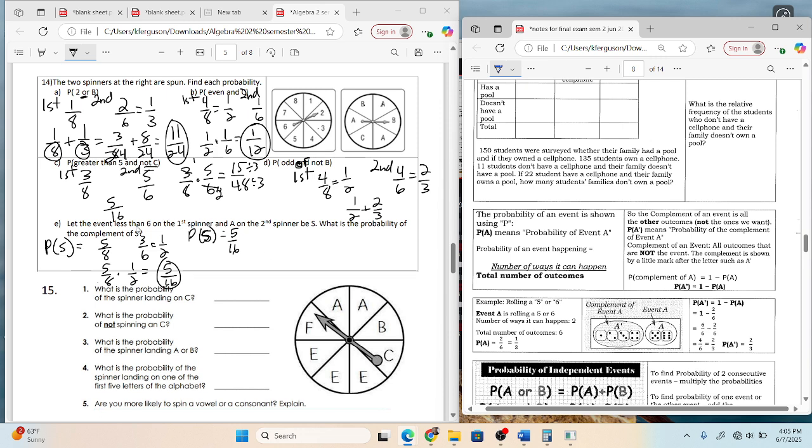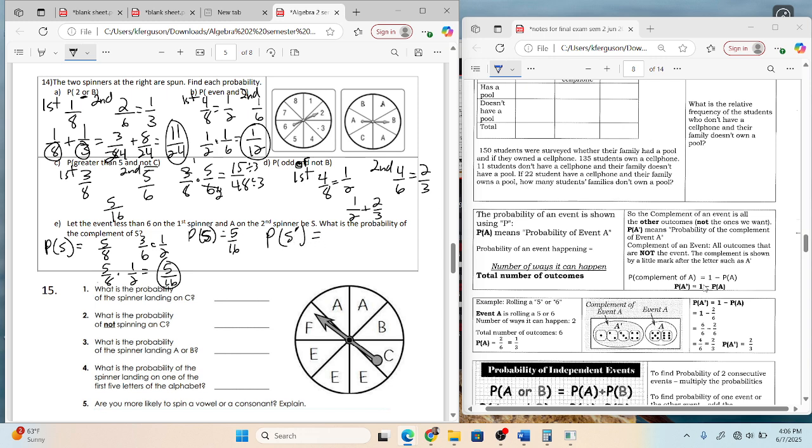So I want the numbers that are not less than 6. So I'd want all the numbers that are more, right? And then I'd also want not A, I'd want B and C. So in all honesty, you don't have to get too technical with that. I want to know what the complement of S is.